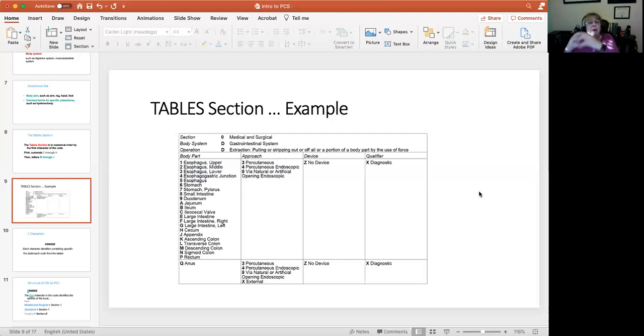Therapeutic is to repair or fix. Diagnostic is to see what's going on, like to take a biopsy or to investigate in order to come up with a more accurate diagnosis.